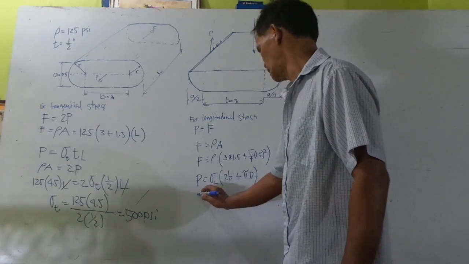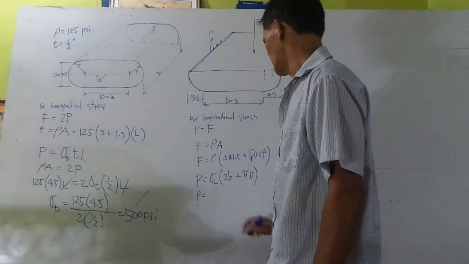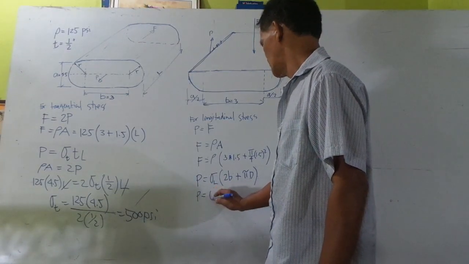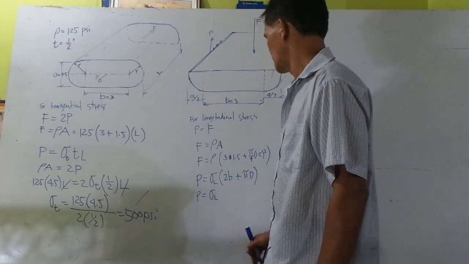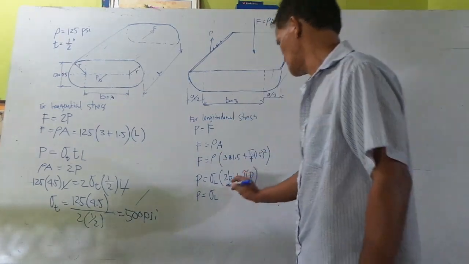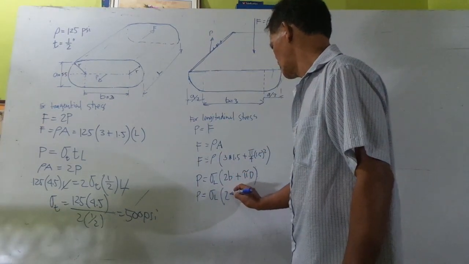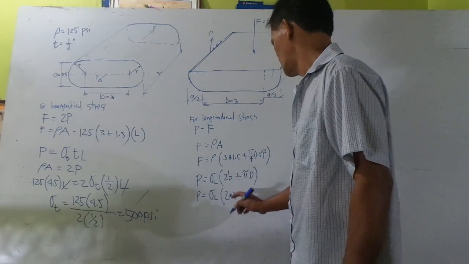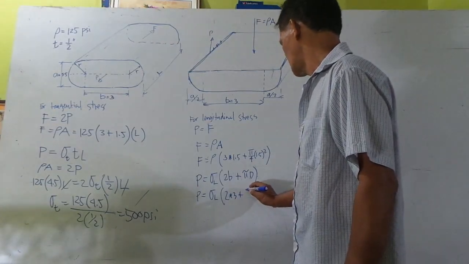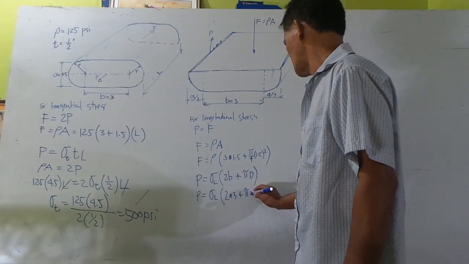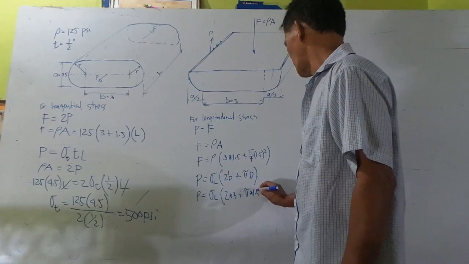So you have P equal to the longitudinal stress times 2 times 3 plus pi times 1.5.